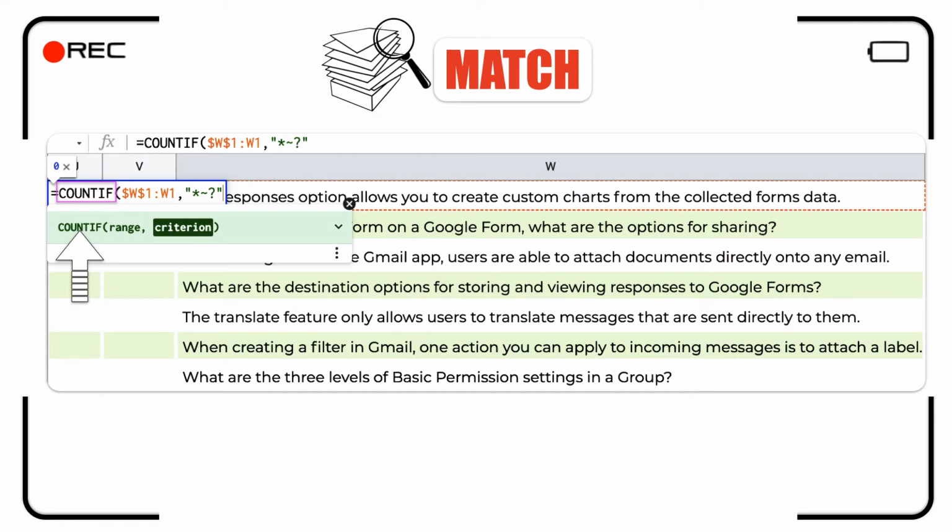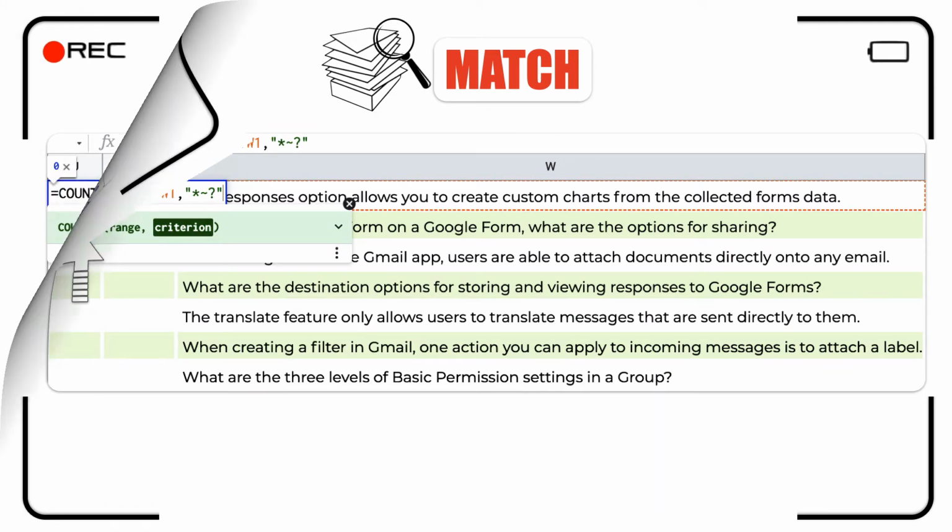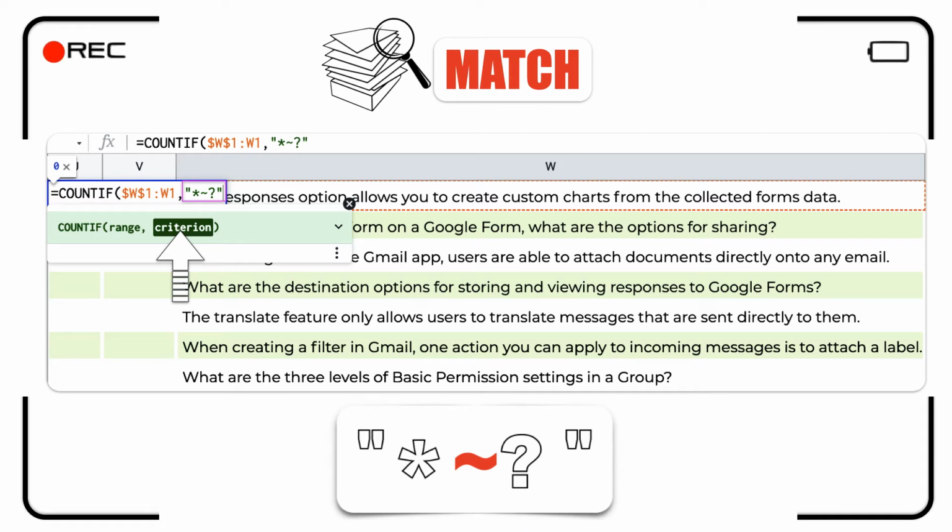To achieve that, first we use the COUNTIF function. For the criterion parameter, we could use the wildcards to find the question mark symbol in the comments. The asterisk wildcard matches any number of characters. The question mark wildcard matches a single character.